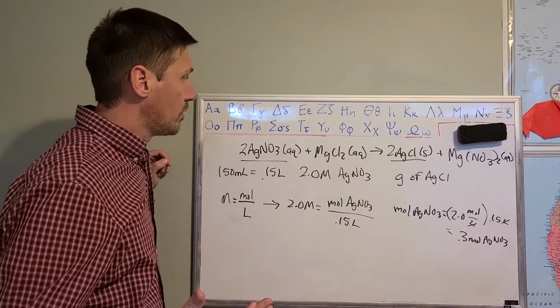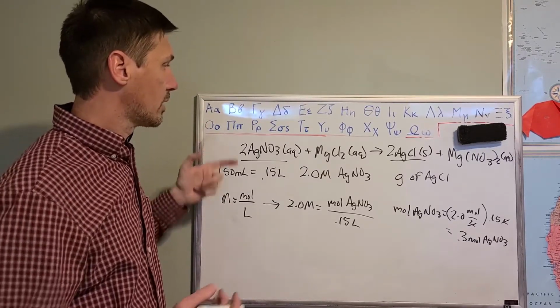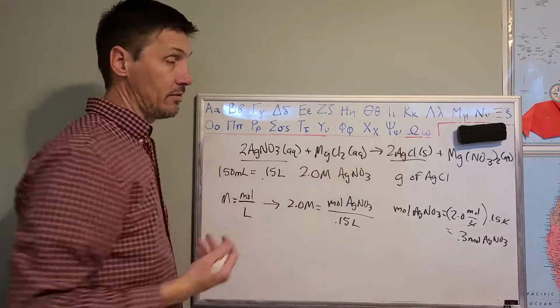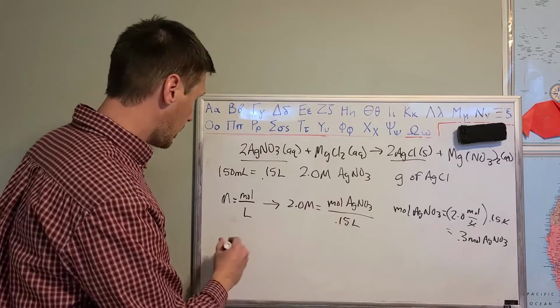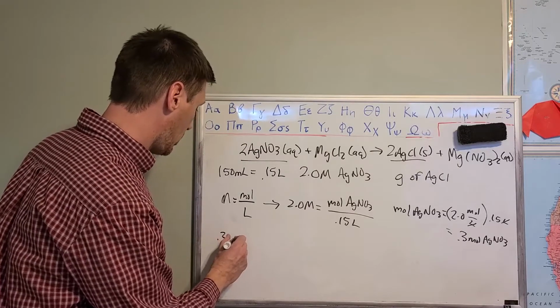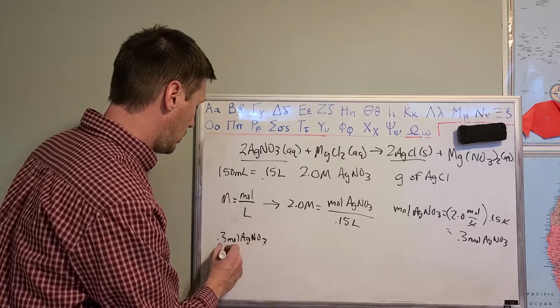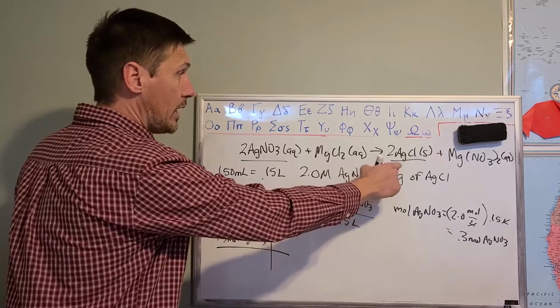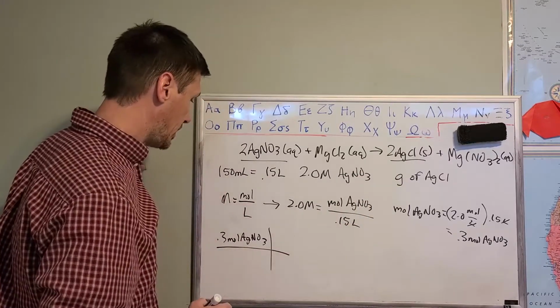All right. Now, what we've learned in stoichiometry is that if I have the number of moles of one of the compounds in this chemical equation, then I can figure out the number of moles of another compound. So we can convert 0.3 moles of AgNO3 to moles of AgCl, because we're trying to determine the number of grams of AgCl.